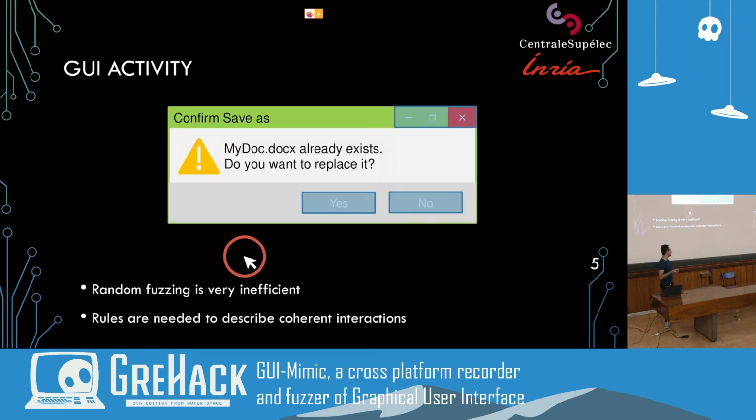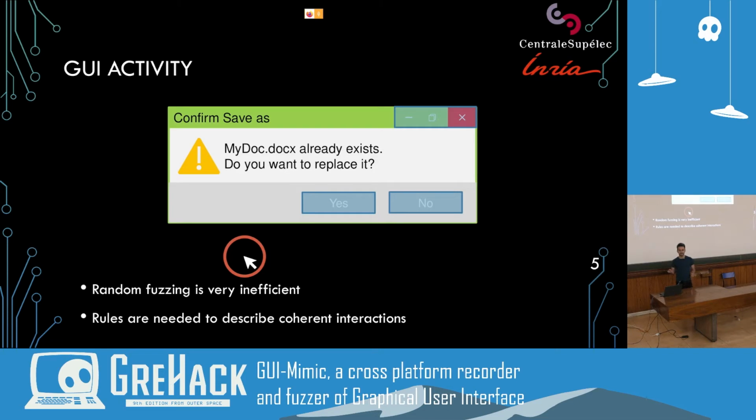So, in most cases, the software we want to fuzz will not be designed to interact through a terminal. Instead, they will have a graphical user interface, and that is what we will interact with.